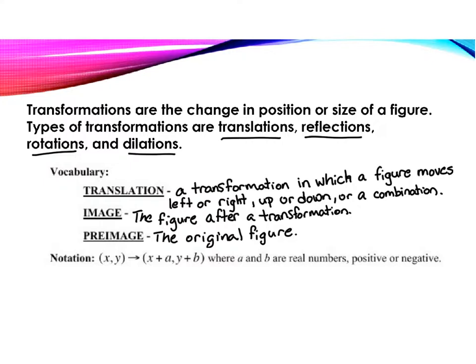So translations means you're adding or subtracting a value from your x and y. We're going to get into something where we're multiplying something to our x and y. That is something else. That's a dilation, and we'll get to that in one of the last slides we're going through.